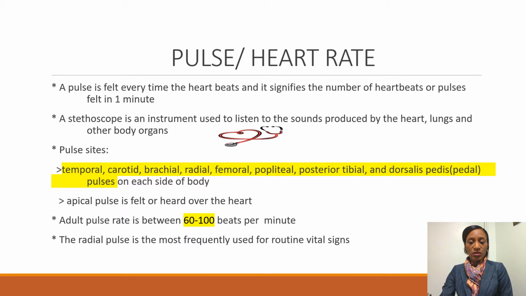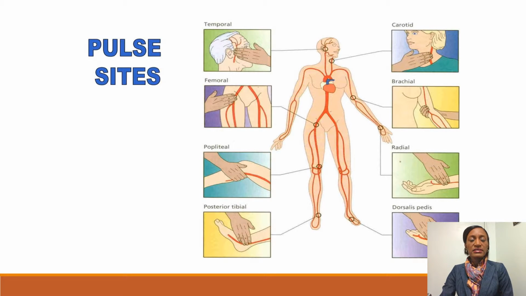I will shortly show you a diagram, and here it is, of the different pulse sites. And as I said, the temporal is located here just over the temporal area above the ear. The carotid is on the side of the neck below the ear. The femoral is felt in your groin area above the femoral area. The brachial, of course, is in your brachial area.